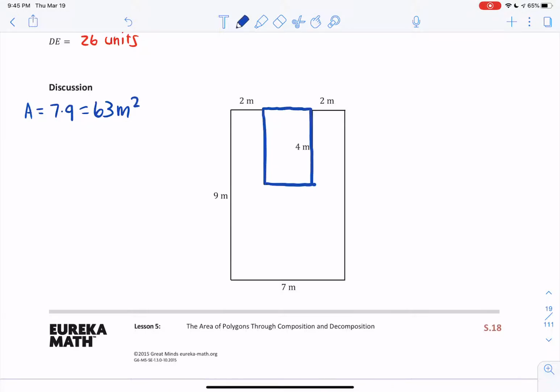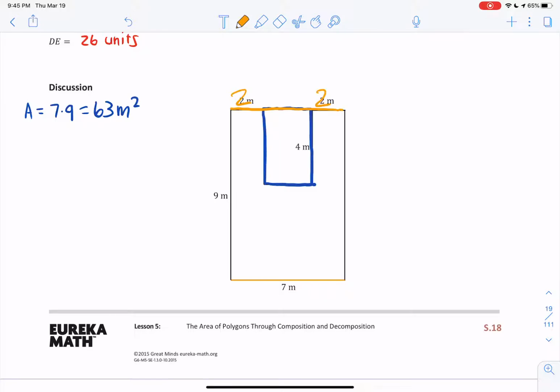So the area of the blue square is, well, the base we have to figure out. Check this out. We have 7 on the bottom. So I know that this entire side totals 7. Right? We have a 2 right here. We have a 2 right here.